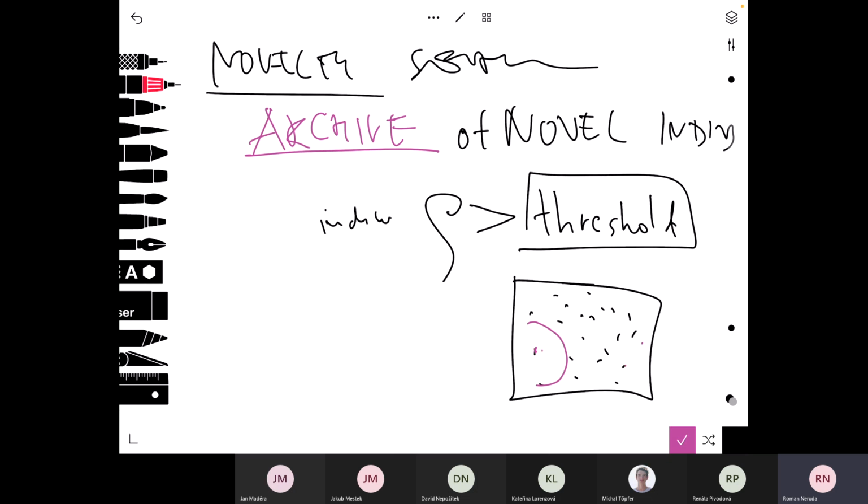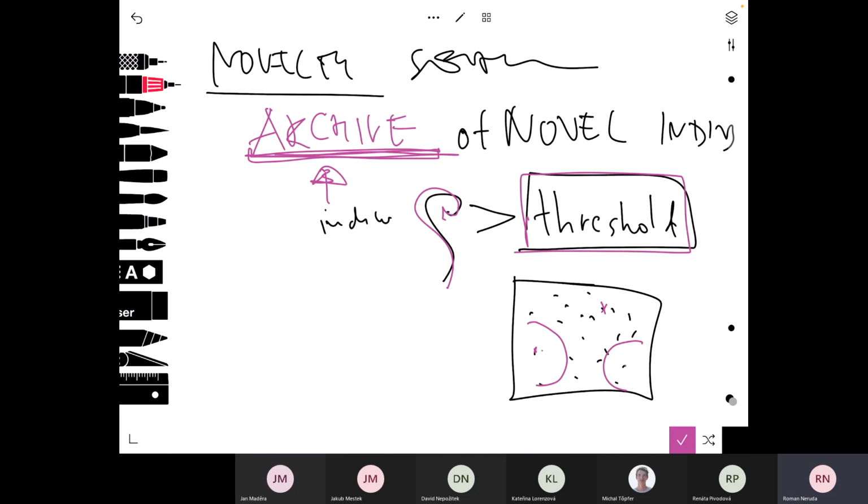So you should be in a sparse area of the behavior space to go into the archive. So we compute your sparseness, and we have some threshold set, and the sparseness has to be above this threshold. Then you can enter the archive.